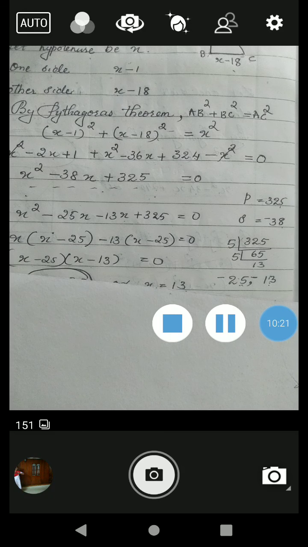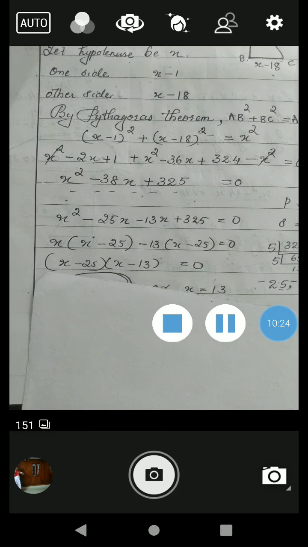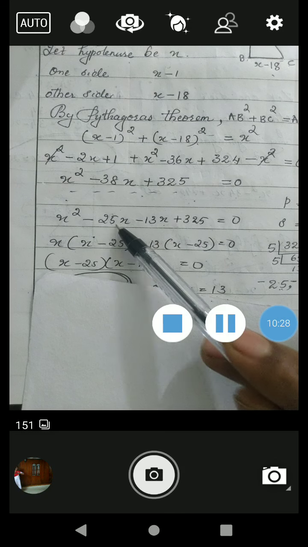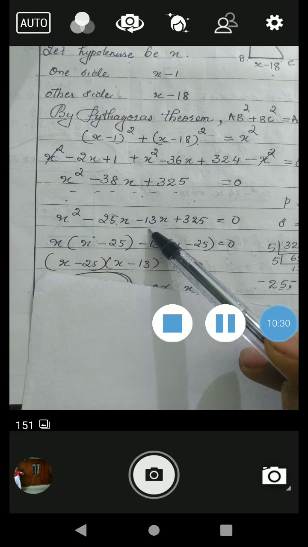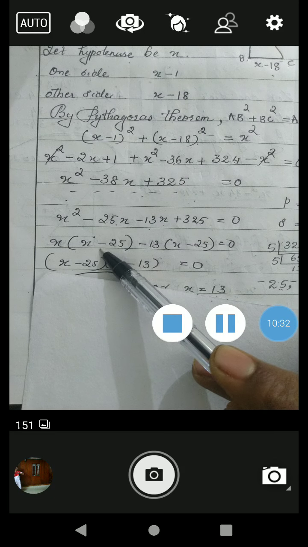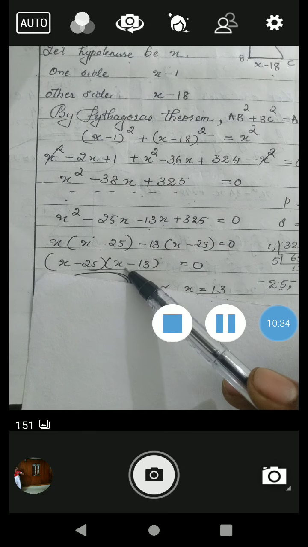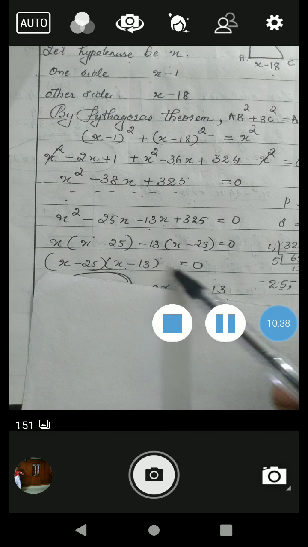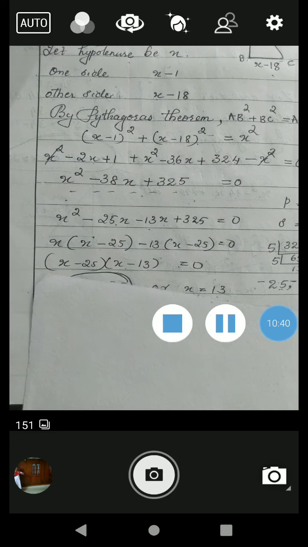In that way you can split the middle term, this 38, like this, minus 25 minus 13, and grouping, and then factorize. x minus 25 into x minus 13 is equal to 0. Therefore, x is equal to 25 or x is equal to 13.